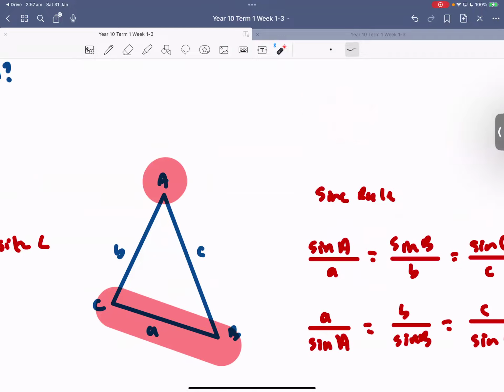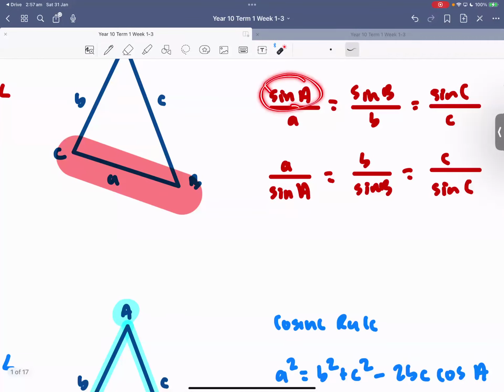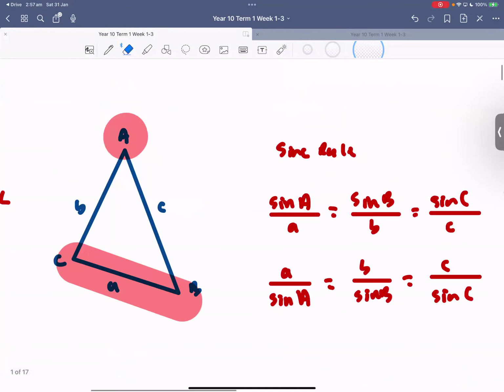That's not what I meant. You can flip this entire thing, but you can't do sine of a side length. You only do sine of angles.